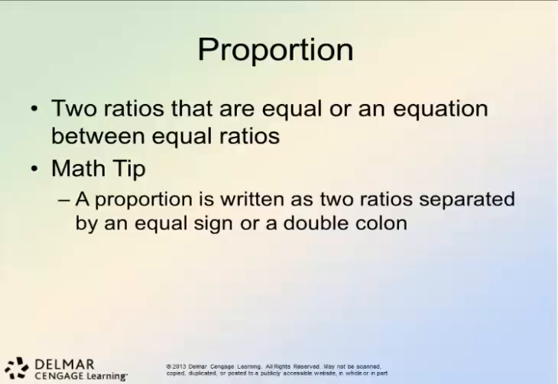So I believe I had 7 is to 10, so that's one ratio. And the other ratio was 21 is to 30. But instead of putting an equal sign in between them, you could use a double colon. And sometimes we read this as 7 is to 10 as 21 is to 30.